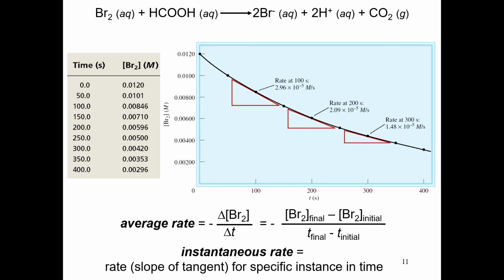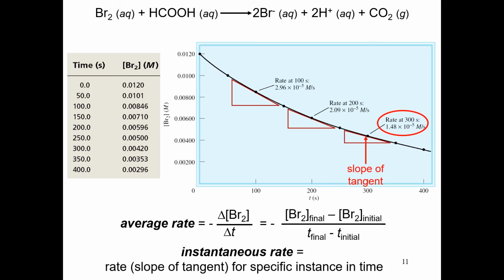Now, notice that, of course, when you look at the numbers, you see that it changes, right? Because it's a curve, we are actually seeing that the instantaneous rate is changing as time progresses. Let's put this on the screen here, so you can see how at 100 seconds the slope of the tangent is 2.96 times 10 to the negative 5 molar units per second, and then it changes at 200 seconds, and it also changes at 300 seconds.